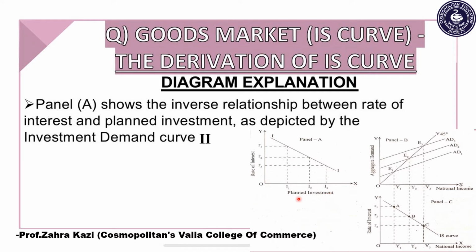So this shows an inverse relationship between rate of interest and planned investment. The fall in the rate of interest from R1 to R2 to R3 results in an increase in the planned investment from I1 to I2 to I3, thus showing inverse relationship.